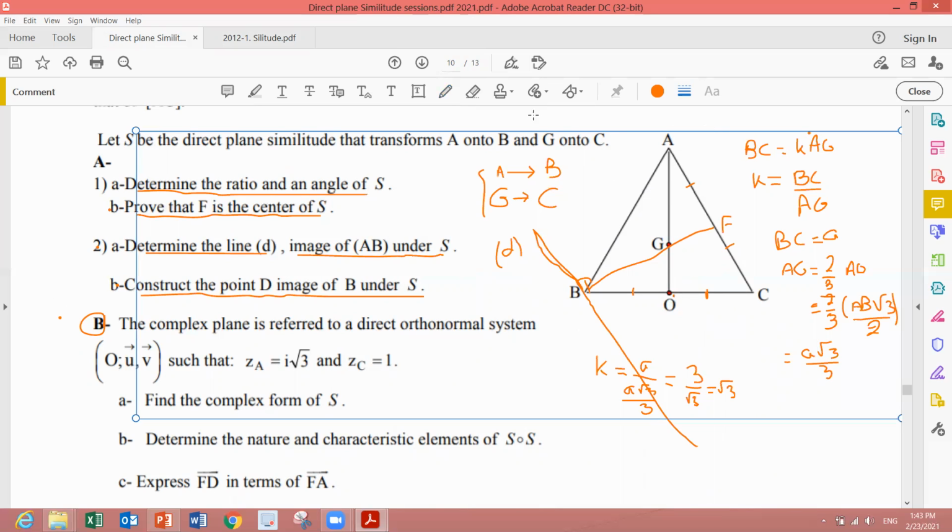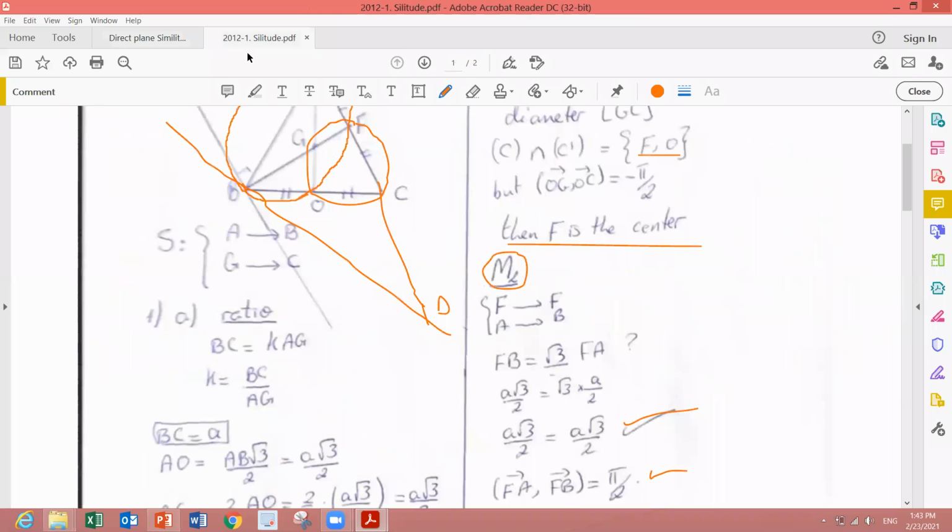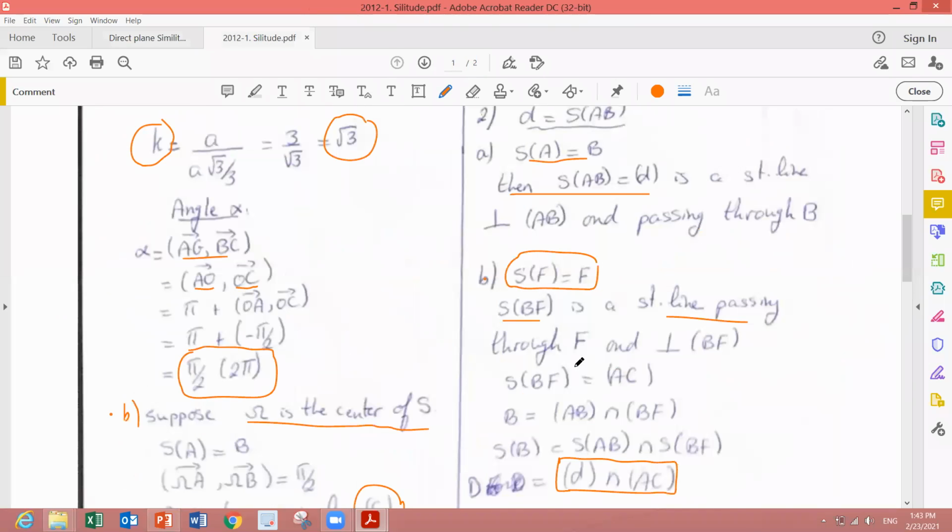This is the orthonormal system, and ZC equals 1. So you have an orthonormal system.